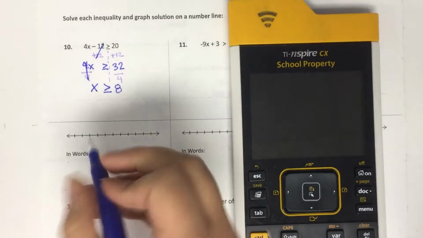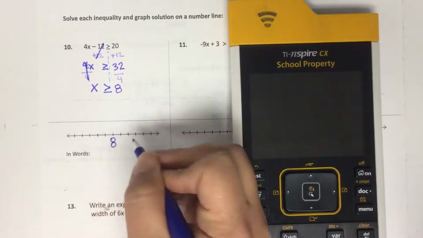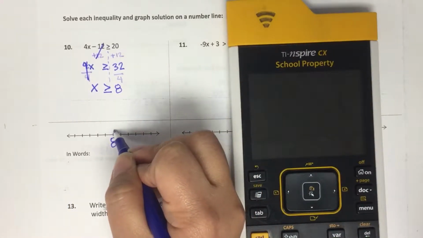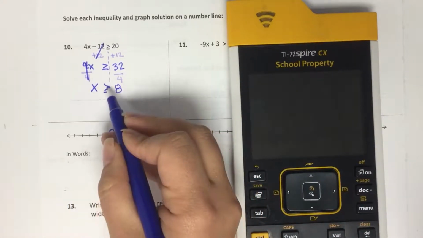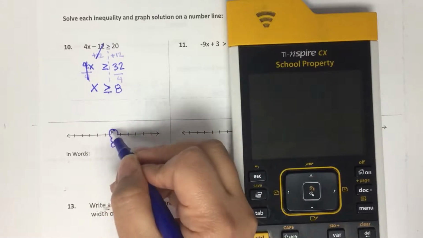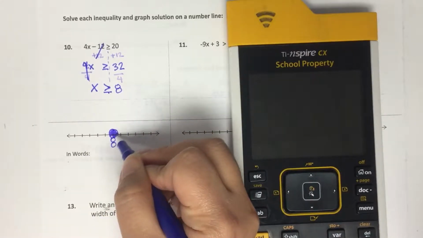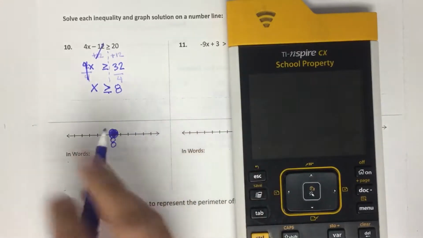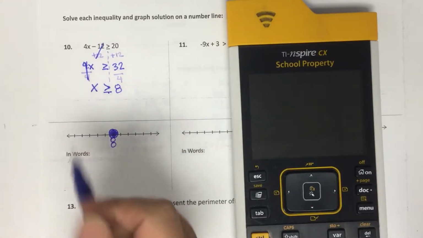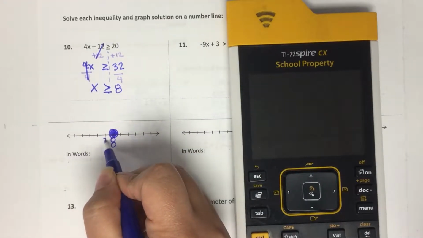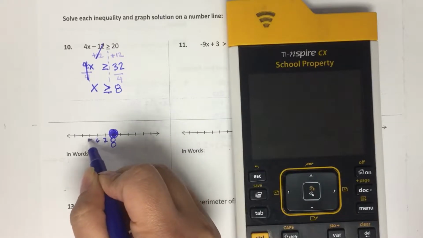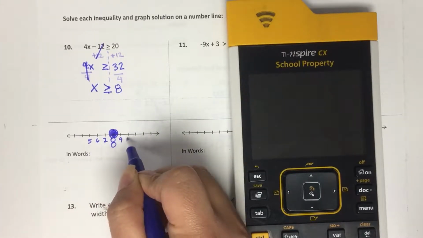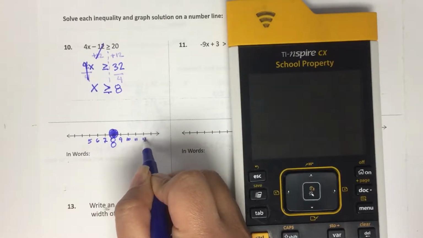This number line is telling us at the 8, wherever we choose to write the 8, I have my circle, but because it's greater than or equal to, I'm going to close my circle, so I do that by filling it in. And since it's greater than, remember, before 8 is 7, 6, 5. After 8 is 9, 10, 11, 12, and so on.